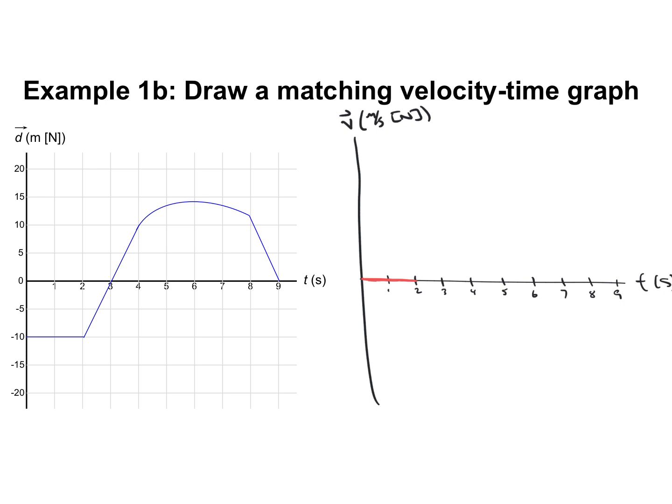From 2 to 4 seconds, we said it was a constant velocity, and we calculated the number, and the number was 10. So I'm going to put a mark here for 10, and it's going to be a constant velocity of 10.